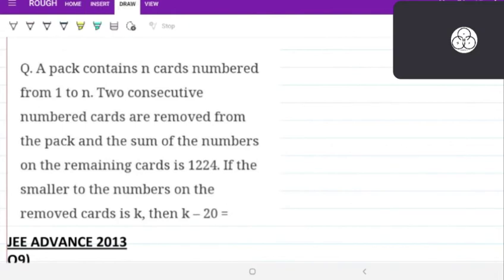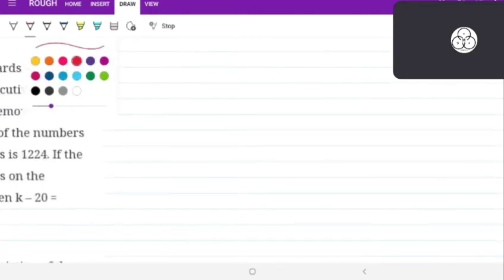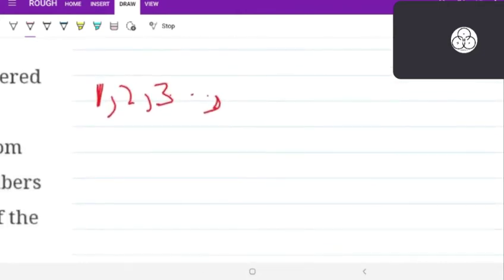Yes, inequality. What kind of inequality? Just look. We have cards 1, 2, 3 up to n, and so on. These are the cards.